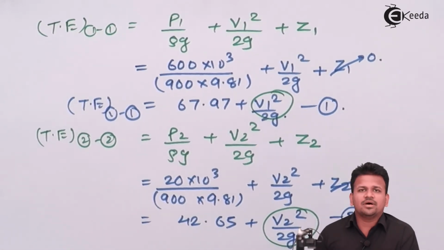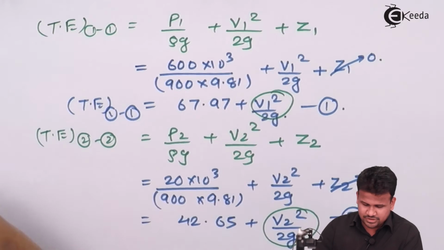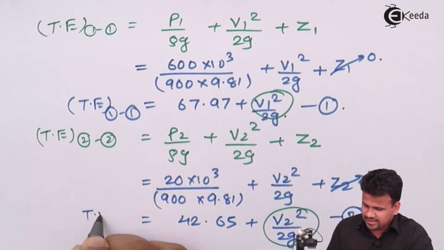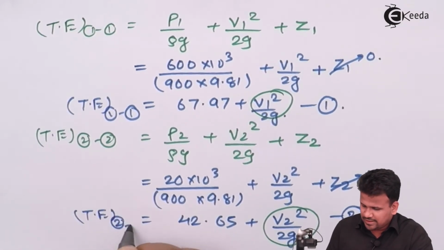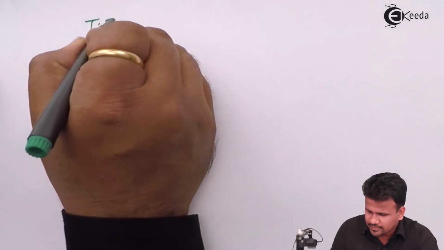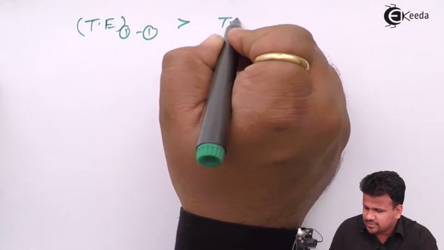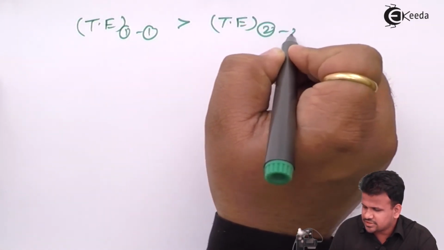Because they have a uniform cross-sectional area. So you can see that the total energy at section 1-1 is greater than the total energy at section 2-2. Let us write down this part: total energy at section 1-1 is greater than the total energy at section 2-2.